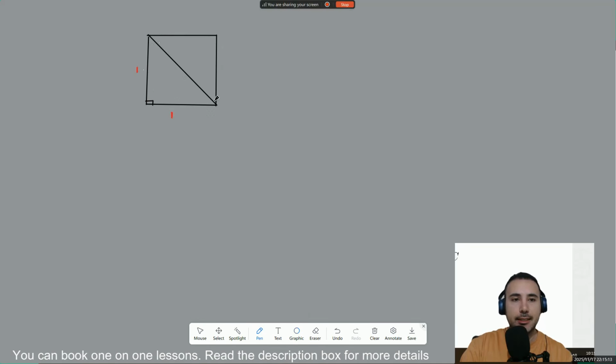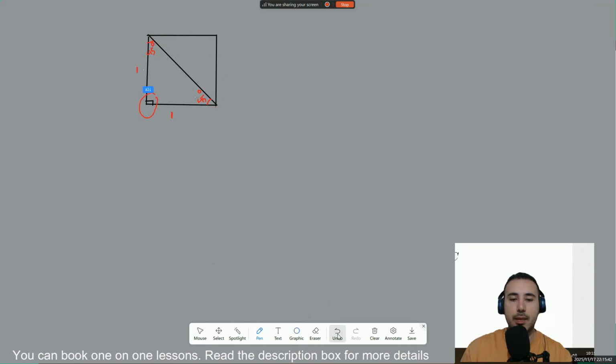So this is 90 degrees. Of course, this is isosceles, so these angles are equal. So the 90 plus these two should be 180. So these two should be 90. Since they are the same and congruent, this should be 45 degrees and 45 degrees. Now let's check over. 45 plus 45, 90. 90 plus this 90, 180.